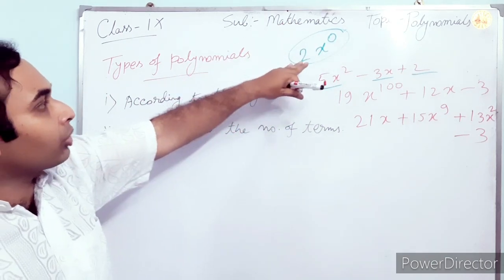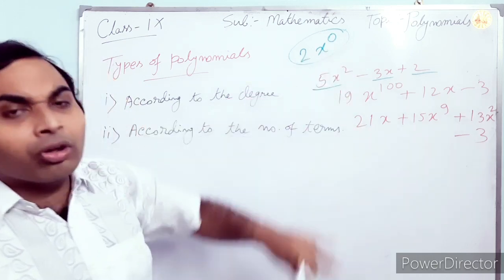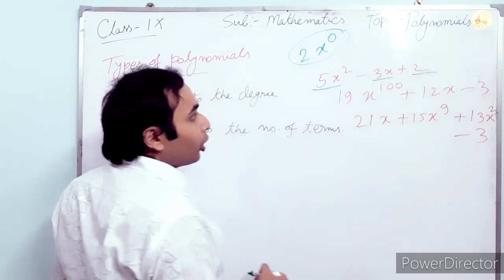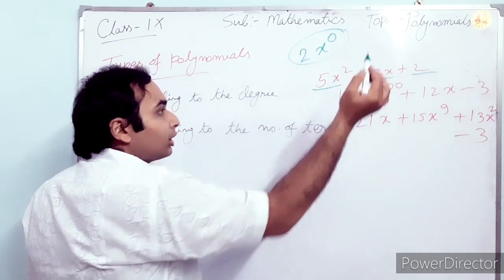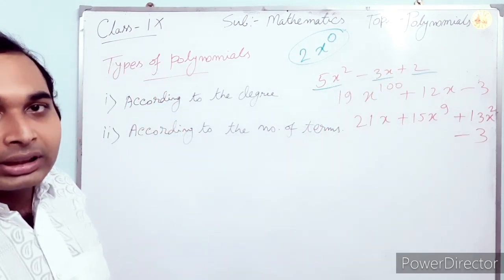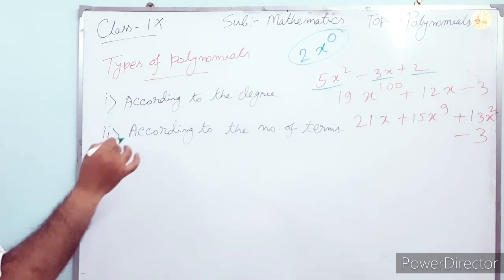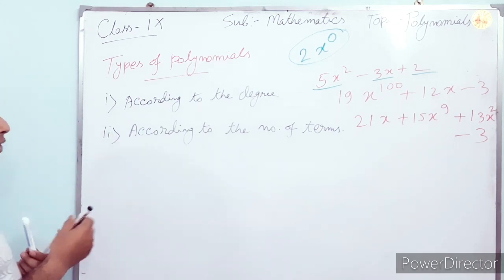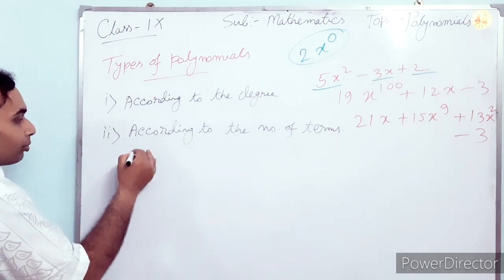So obviously the constant term can be called a polynomial. So here those are the terms of the polynomials, and in the middle minus, plus, multiplication or division signs can be there. So according to the number of terms, the polynomial can be divided into several types.